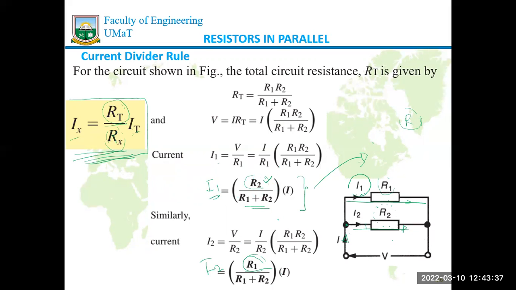So looking here, we have I1. We are concerned about R1, but the numerator is R2, the resistor in the other branch. However, this works pretty well, and that is the application we have here to prove that the general equation still leads us to the normal equations that we are supposed to know.